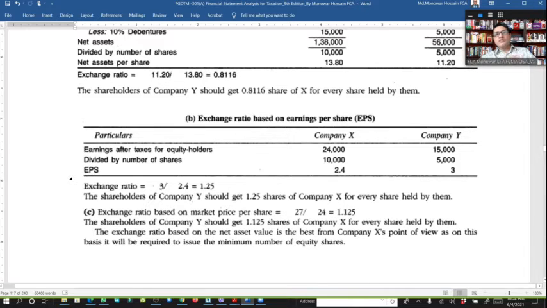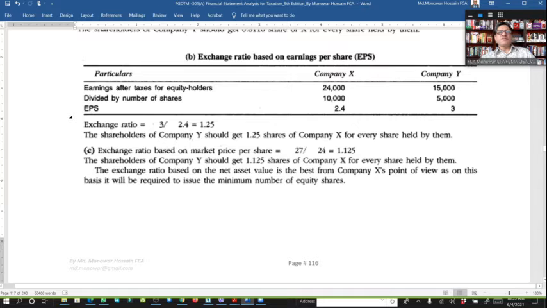So how would the exchange ratio be? Taka 3 divided by taka 2.4 gives 1.25. So the shareholder of company Y should get 1.25 shares of company X for every share held by them. If company X acquires company Y, each and every shareholder of Y gets 1.25 shares of company X.